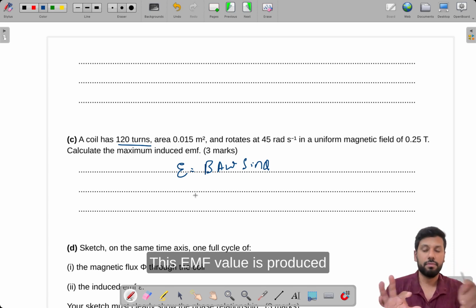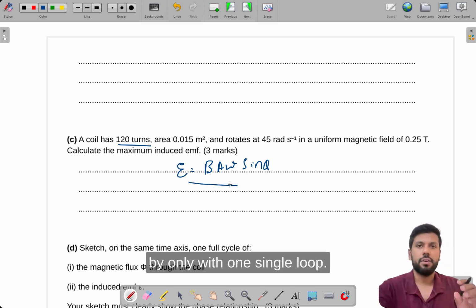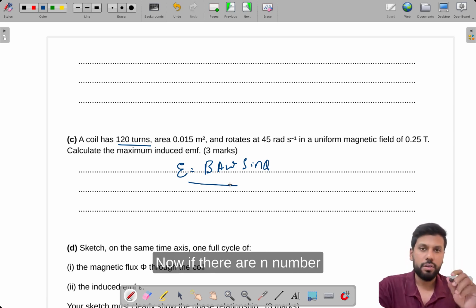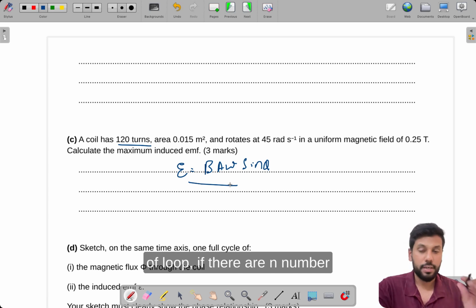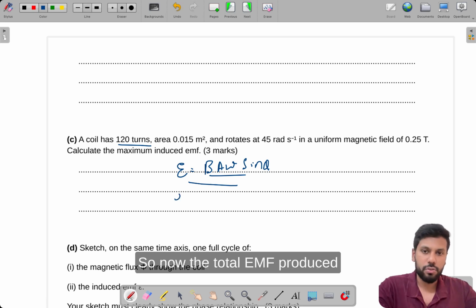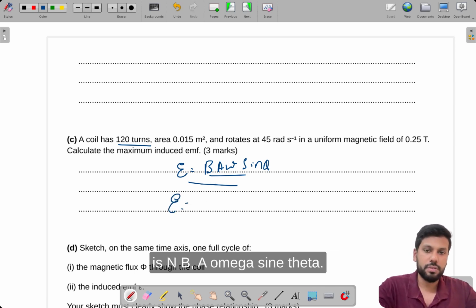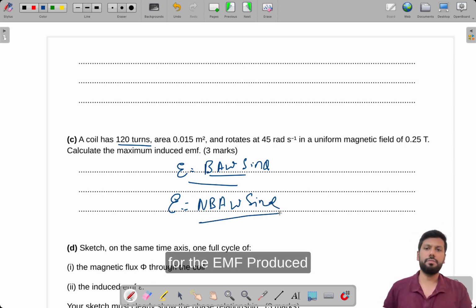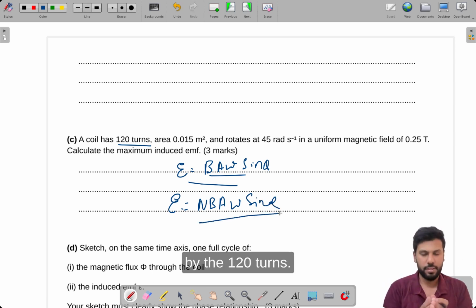All right, now if there are N number of loops, then you just have to multiply this with N. So now the total EMF produced is NBA omega sine theta. This is the formula for the EMF produced by N number of loops.